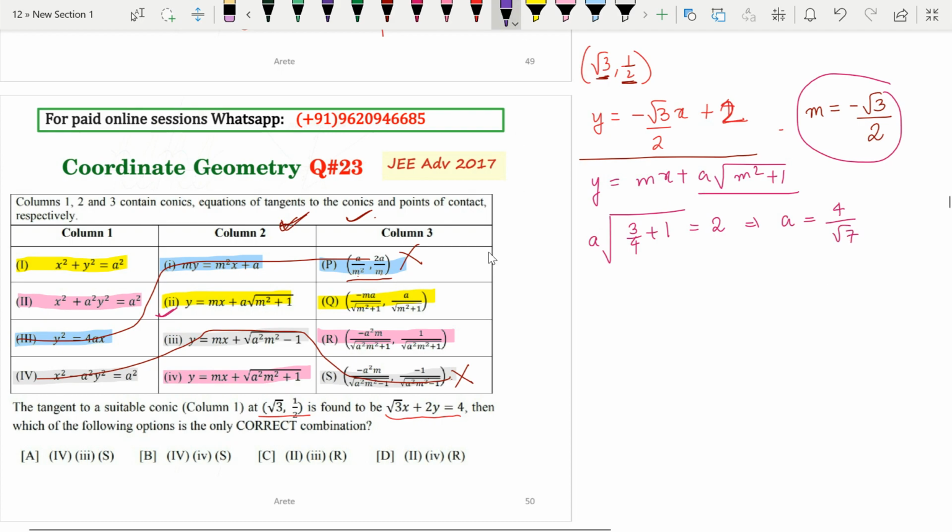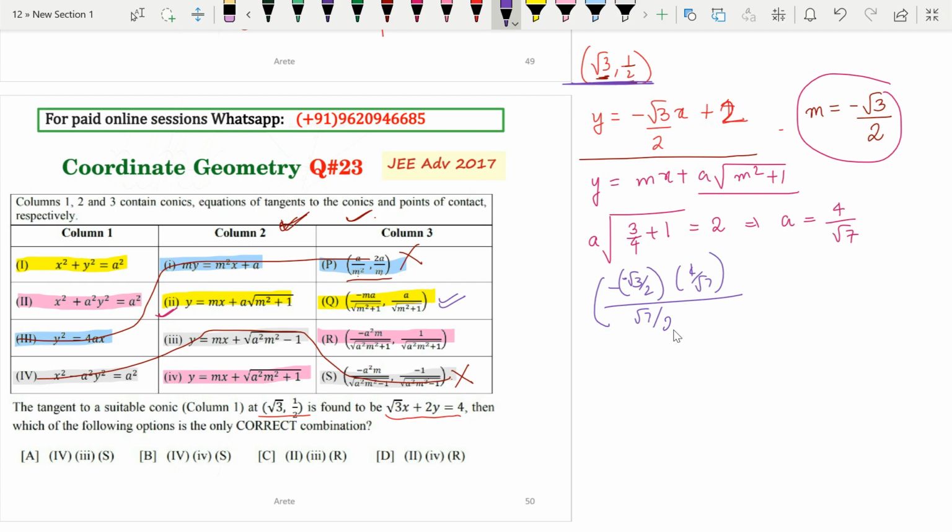Now, what next I'm going to do? I'm just going to check this point of contact. Are we getting the same point? Okay, let's go ahead and check that. Minus of minus m, this is minus root 3 by 2. a is 4 by root 7, and what is under root 1 plus m square? That is root 7 by 2.